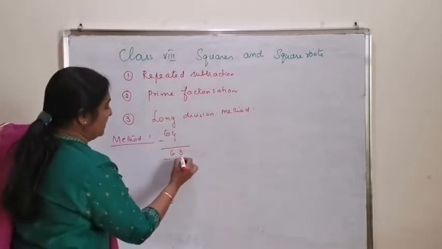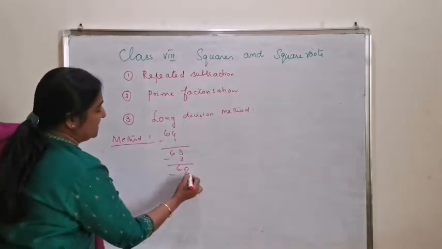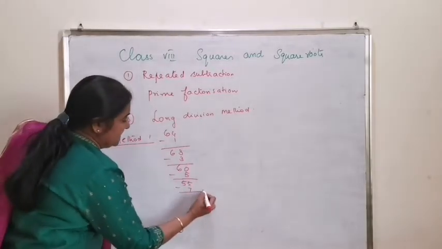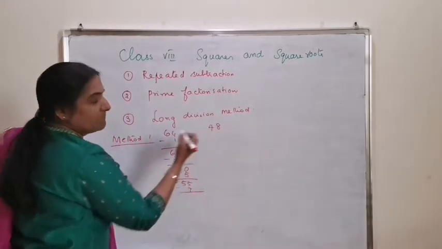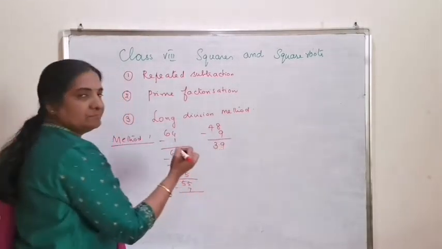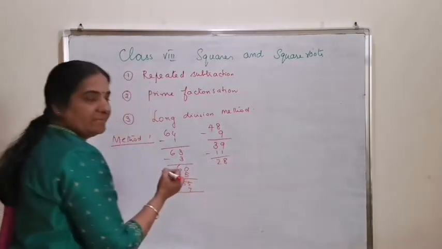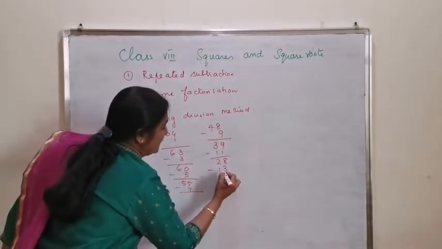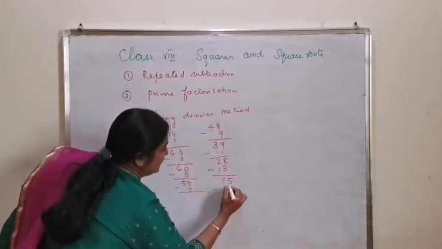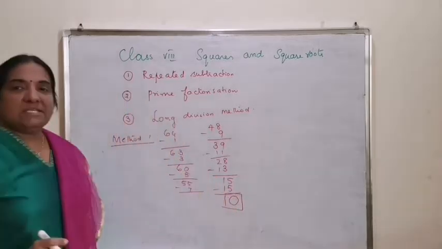The next odd number is 3. The next odd number is 5. The next number is 7. The next number is 9. With the next number 11. The next number 13. The next number 15. And the remainder turns out to be 0.